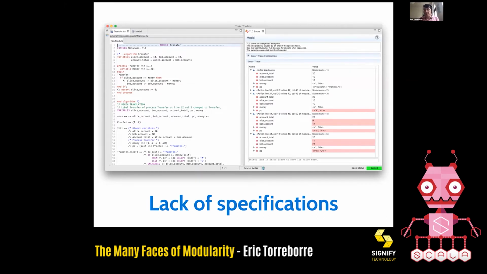And not only is it rare, but sometimes even the very specification of what those components are supposed to do is not even tested. We don't even know if the specification of what the thing is supposed to do makes sense. And so you now have languages like TLA+. That's the one that I'm showing here, but there are other languages.